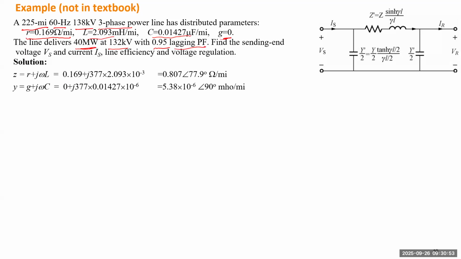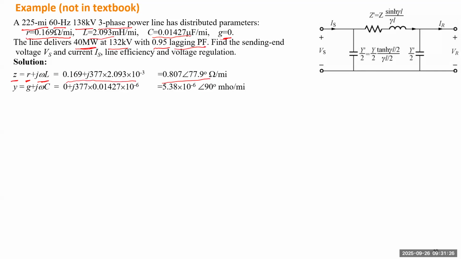All right, so first we calculate the impedance per unit length, which has real part R and imaginary part j omega L. Omega is just 377 for 60 hertz. Then you do the calculation. You have either the real and imaginary parts, or the polar form with magnitude and angle.